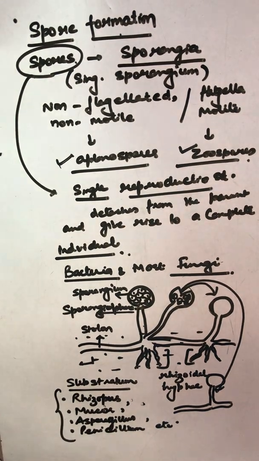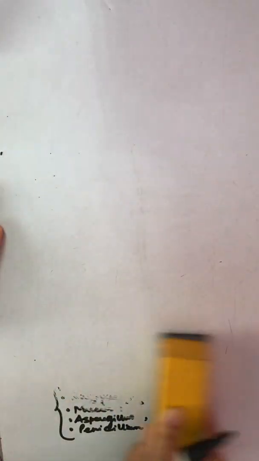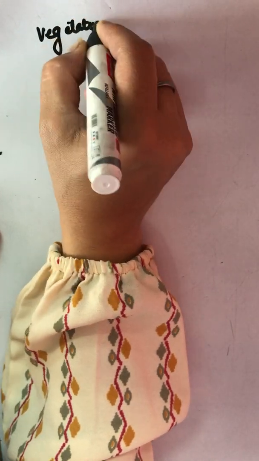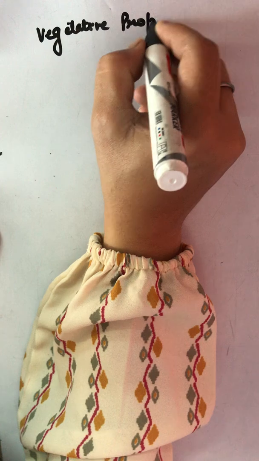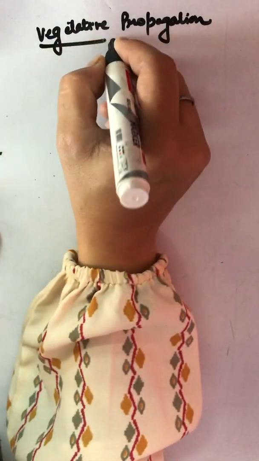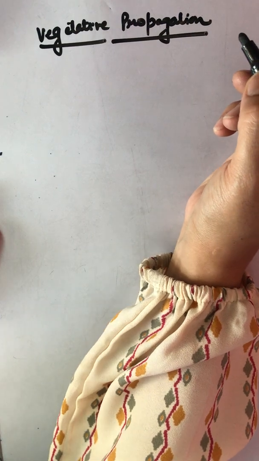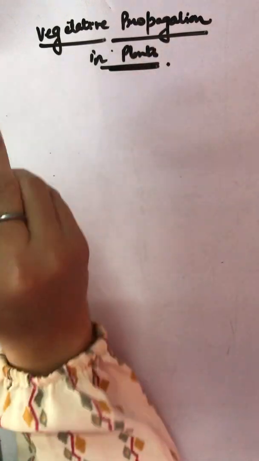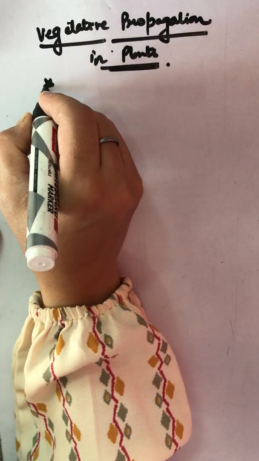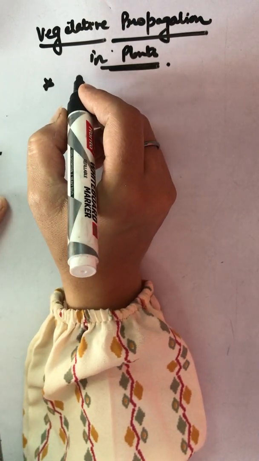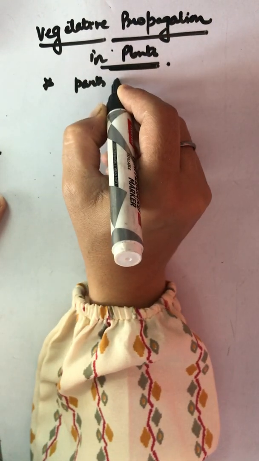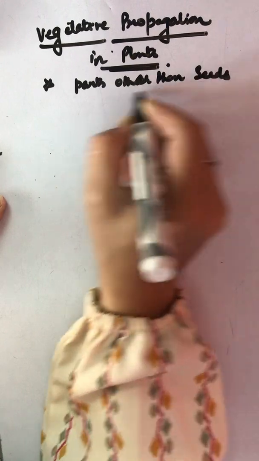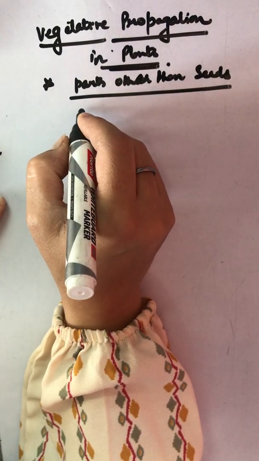Now moving to vegetative propagation in plants. Vegetative propagation is asexual reproduction in plants, in which the most important thing that we have to keep in mind is parts other than seeds are used as vegetative propagules.